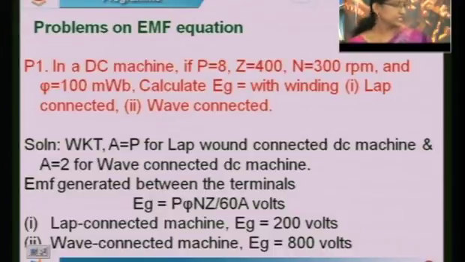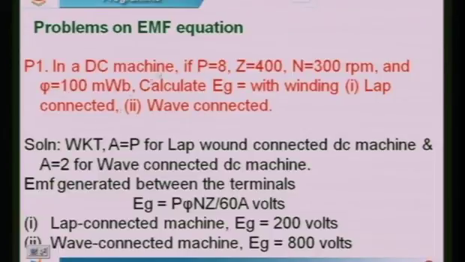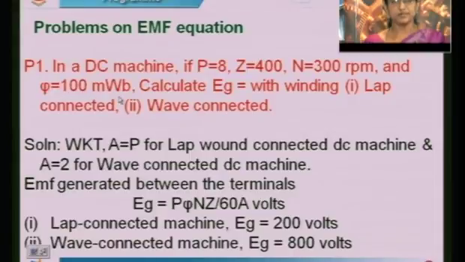Okay. In this particular problem, the problem is defined like this: in a DC machine, if P is equal to 8, meaning the number of poles is 8, the total number of conductors is 400, the speed of revolution is 300 revolutions per minute, and the flux phi is equal to 100 milliweber.